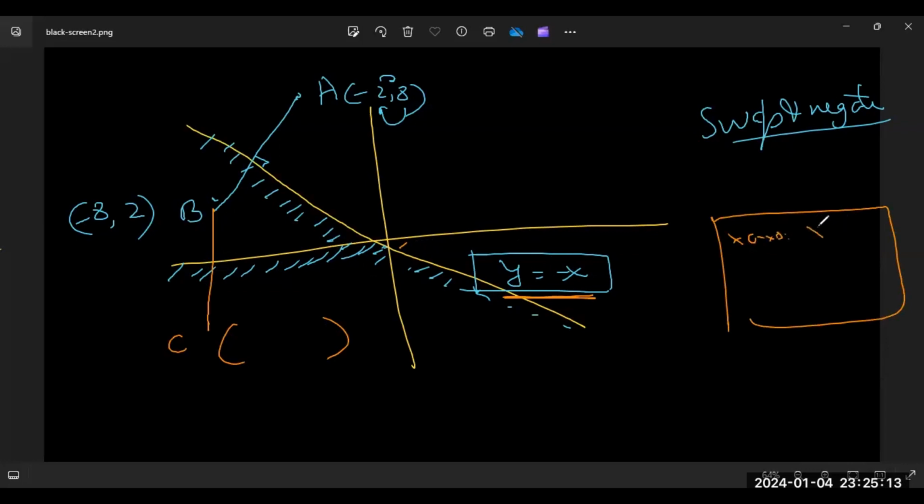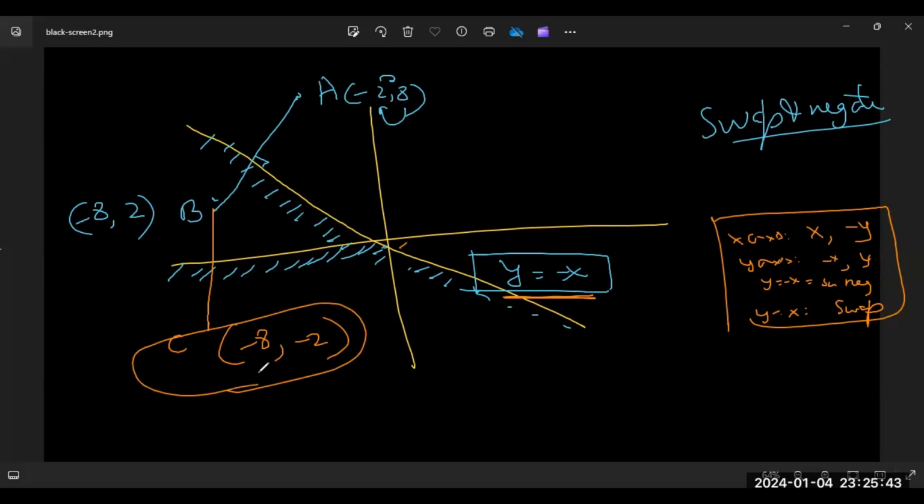You must keep x the same, negate y. For the y-axis, keep y the same, negate x. For y equals minus x, swap and negate. For y equals x, you just swap. So for the x-axis reflection, keep x as it is and negate y. So this is your answer. Okay.